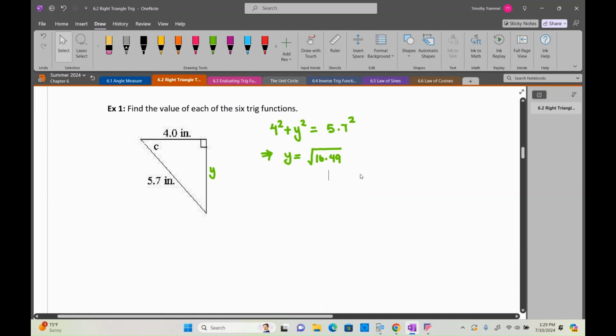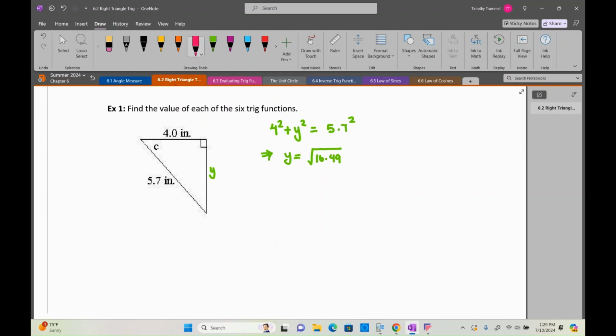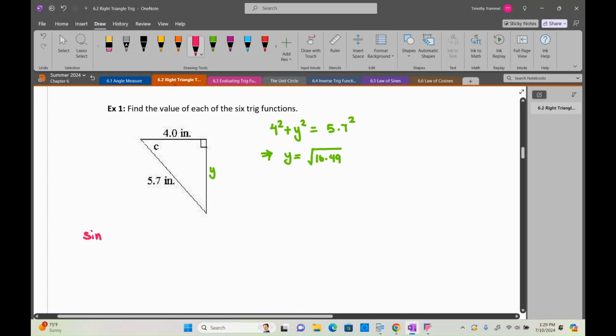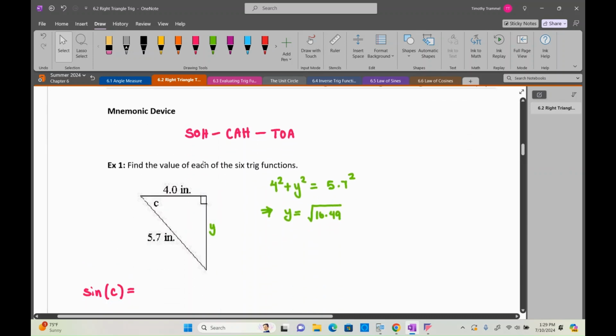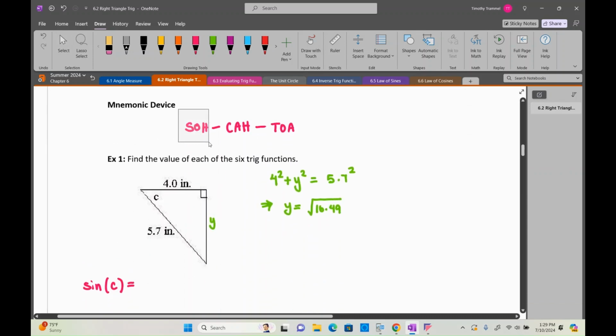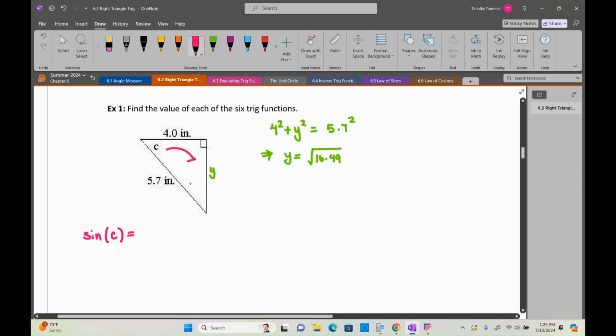So now that we have all those sides, we should be able to come through and find, say, sine of the angle C. As what we learned, if you think about SO, our mnemonic device, sine should be opposite over hypotenuse. So opposite of this angle is y, and then over the hypotenuse. Now I do know what y is though.